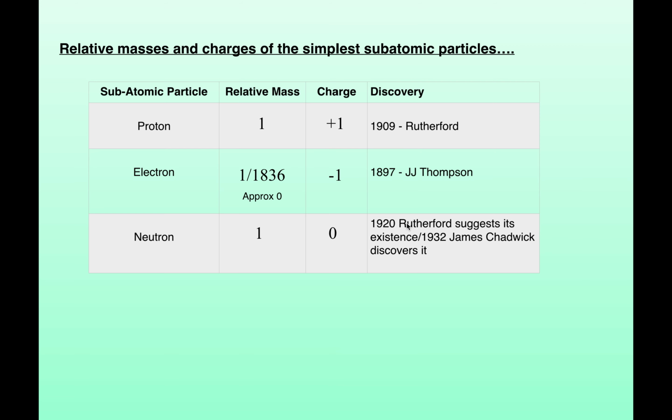Then it took quite a long time for the neutron to be, first it was suggested, but for it to be discovered. Why do you think that was? It's to do with the fact that protons and electrons have charge, so they do things, whereas neutrons, they just have mass. They're not affected by electric or magnetic fields, so they were harder to prove their existence.